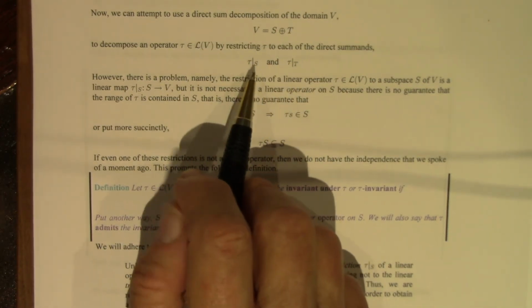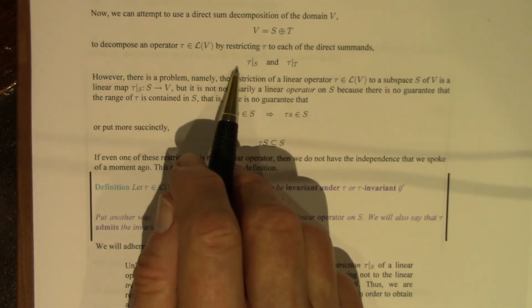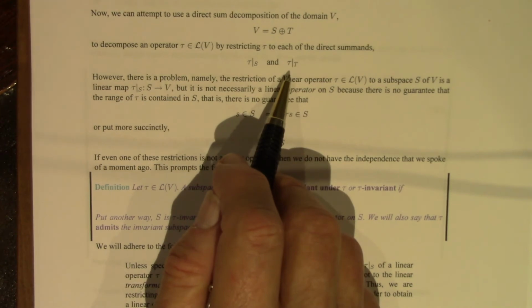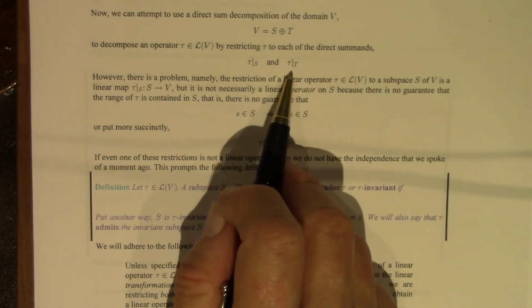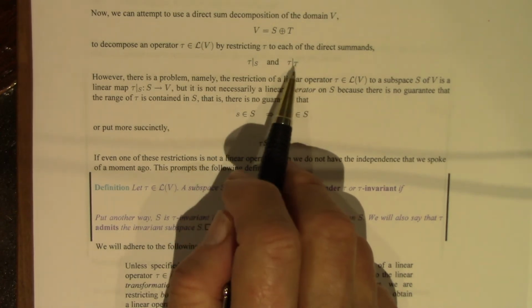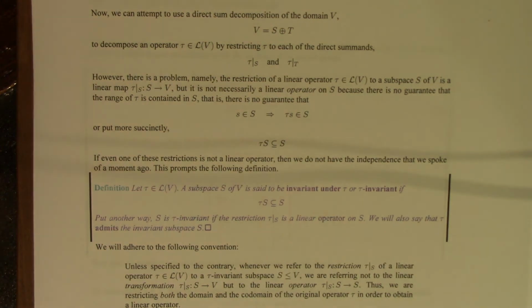What we do know is that when we restrict tau to S, it maps S to V. The same thing for tau restricted to T, it maps T to V. So these are still not quite independent because they have the same codomain, and so their images may in fact overlap. That we do not want.